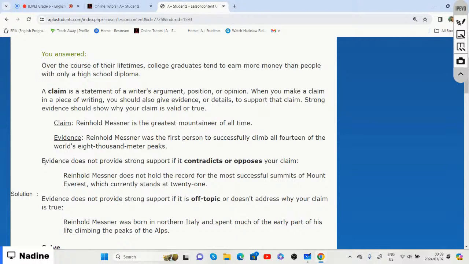All right. So if we look at the first claim, Reinhold Messner is the greatest mountaineer of all time, the evidence shows that he was the first person to successfully climb all 14 of the world's 8,000-meter peaks. Another piece of evidence does not provide strong support if it contradicts or opposes your claim.